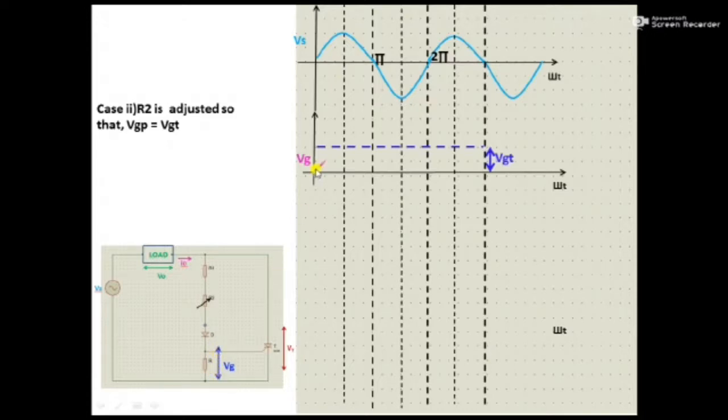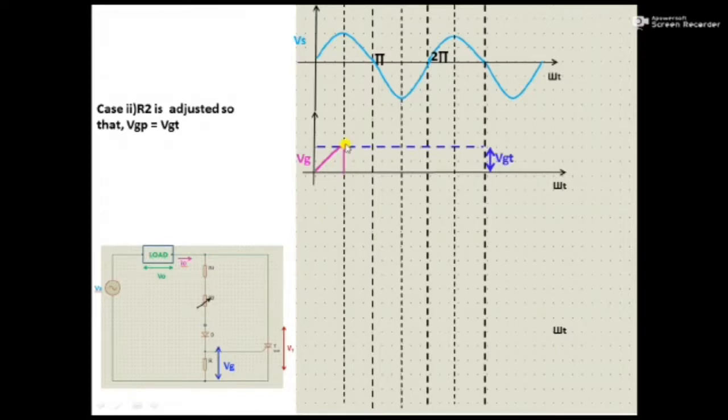So that voltage will keep on increasing. And at this instant, you see here, the peak voltage of Vg, which is VGP, is becoming equal to VGT. Once VGP is equal to VGT, the thyristor turns on. So this thyristor will turn on at this marked interval here.